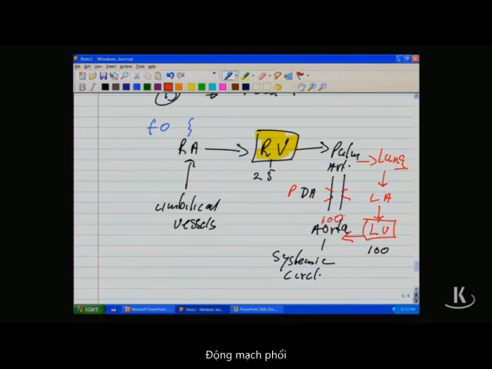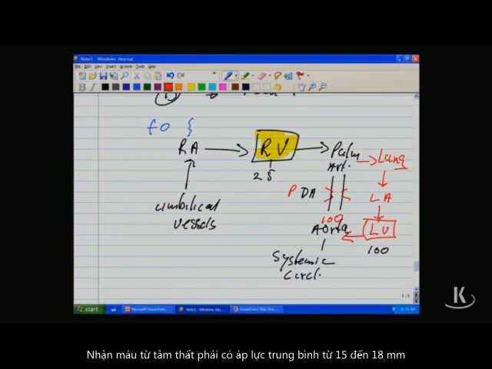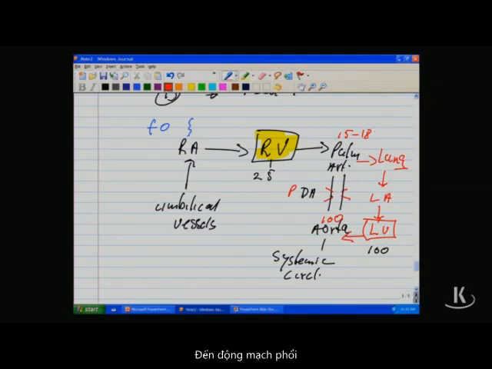The pulmonary artery, receiving blood from the right ventricle, has a mean pressure of 15 to 18 millimeter mercury. As you can see, we now have a pressure gradient from the aorta to the pulmonary artery. Because of this, we will have a reversal of flow from the high pressure aorta to the low pressure pulmonary artery. This reversal of flow is referred to as a left to right shunt.